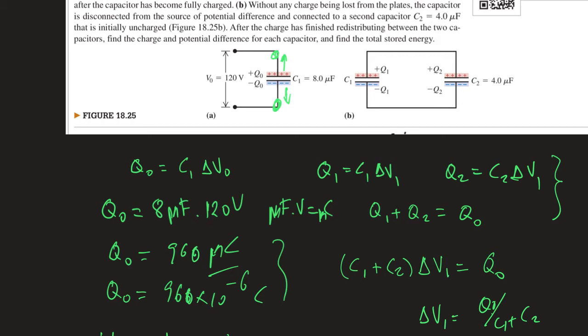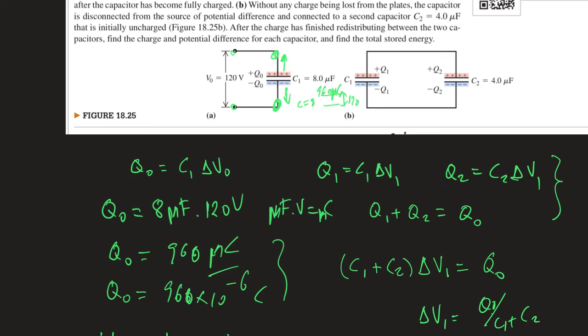So without taking out the battery, V0 equal 120, you have this capacitor. Here the difference in potential is 120, and the capacitance is 8, so the charge that you can place here is 960 microcoulombs.